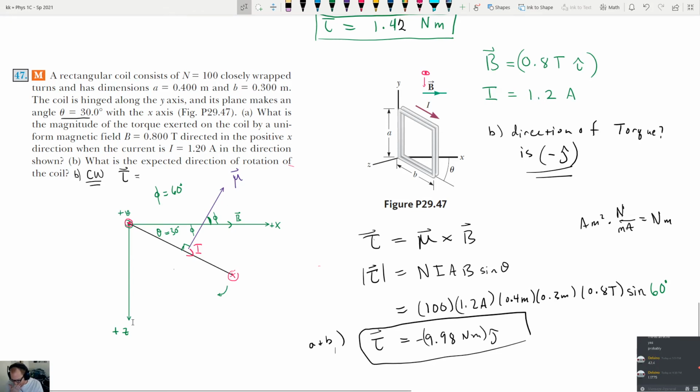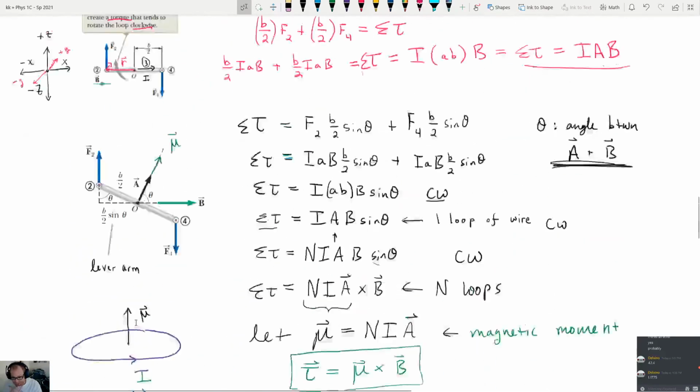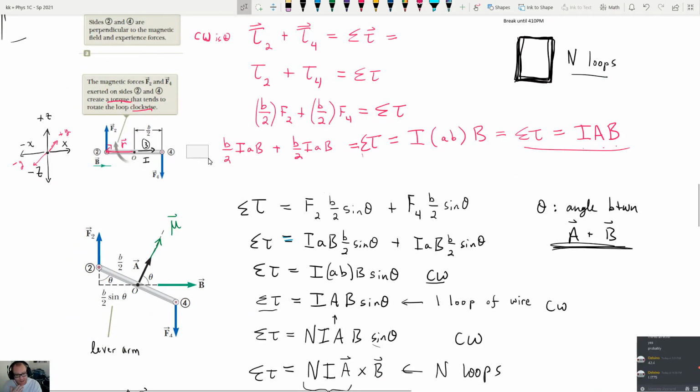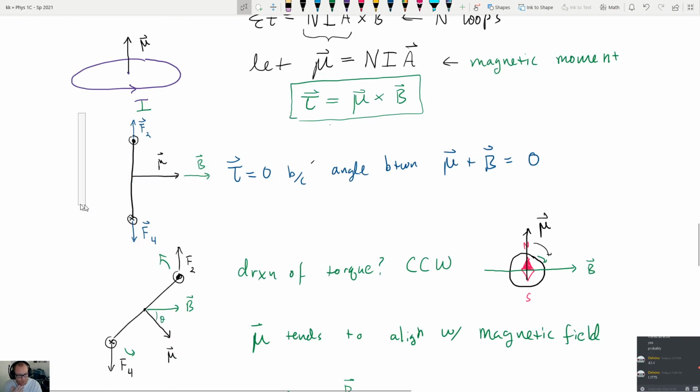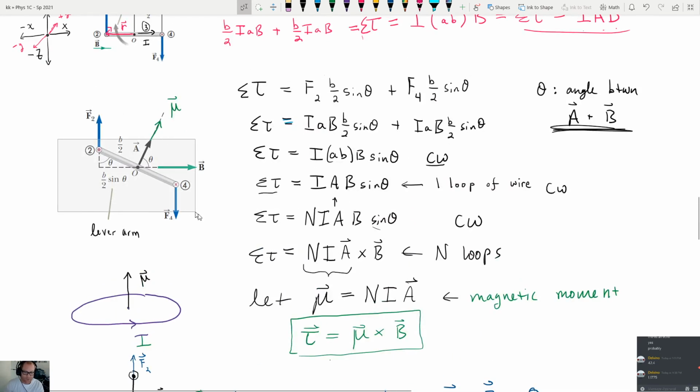So we learned that by taking a loop and placing it in a magnetic field, there's going to be a torque, and that torque will tend to align the magnetic moment with the magnetic field, right? But what if you want to make a loop just continue to rotate over and over again in a circle? The method that we've described here isn't exactly going to work.